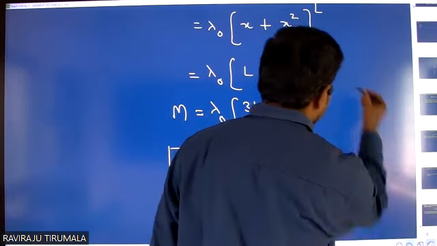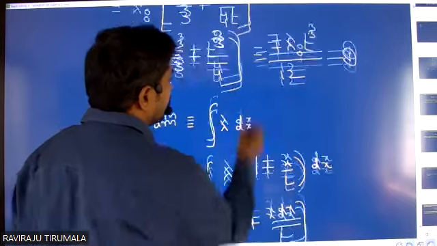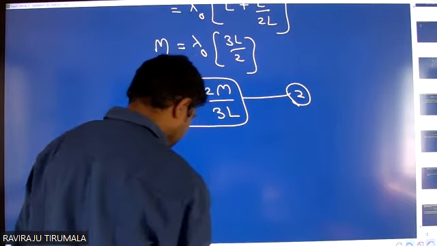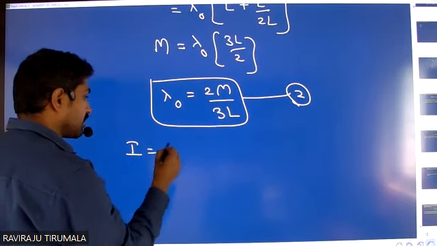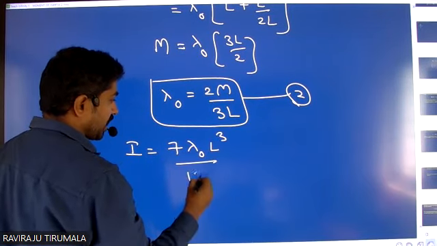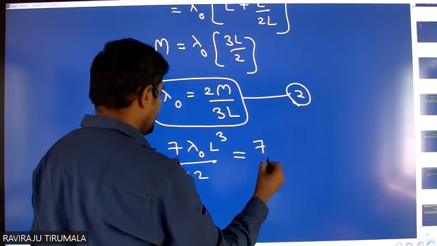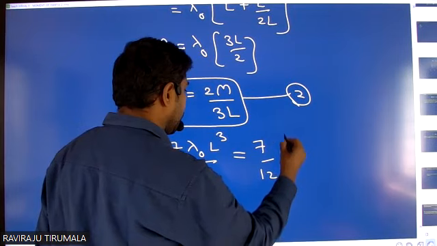So see what is the first equation we got here? 7 lambda naught L cube by 12. Moment of inertia formula is 7 lambda naught L cube by 12. But in terms of lambda naught, we have to substitute this one only, na? 7 by 12 L cube, okay.